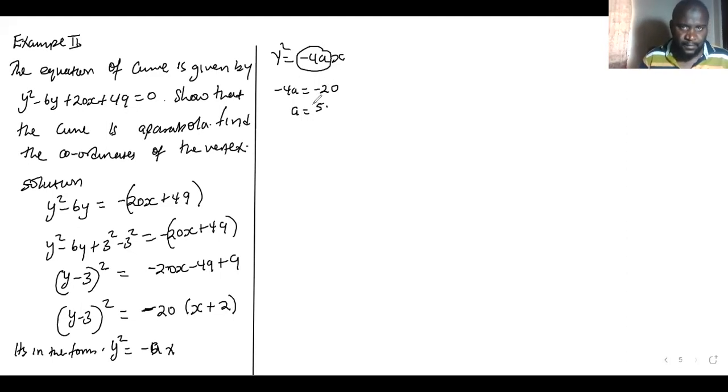Then now, according to our equation, we have (y minus 3) squared is equal to negative 20 of (x plus 2). In that sense, remember this was in the form (y minus k) squared is equal to negative 4a of (x minus h).